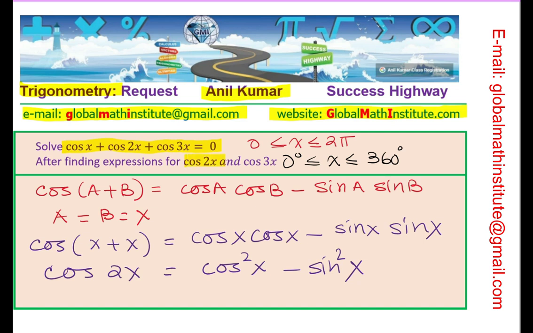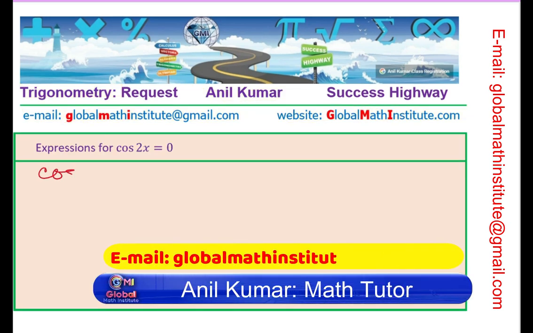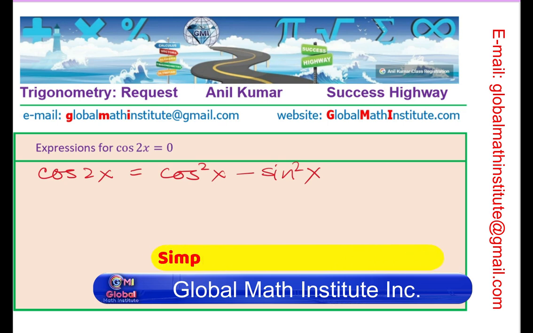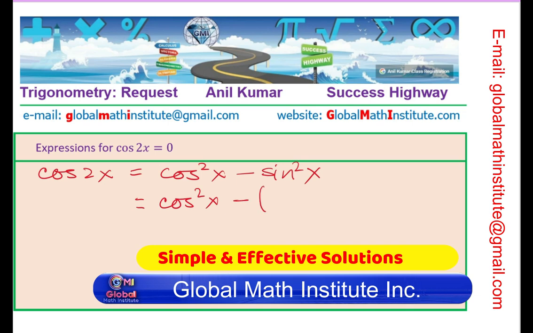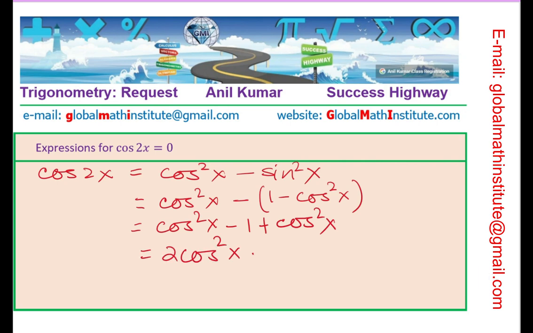Well, this is not the only one. So let us see the other forms of this formula which we just derived, which is cos of 2x equals cos square x minus sin square x. You know, cos square x plus sin square x is equal to 1, and therefore we could rewrite this as cos square x minus, instead of sin square x, I could write 1 minus cos square x. And that gives us cos square x minus 1 minus, and minus becomes plus, it becomes cos square x, and that becomes 2 cos square x minus 1.